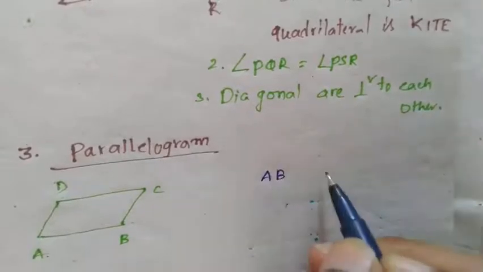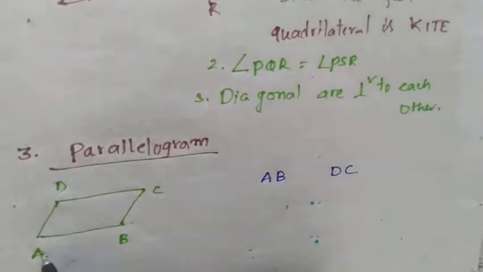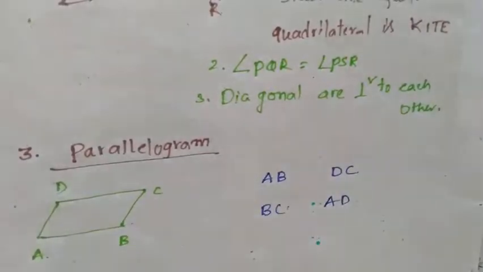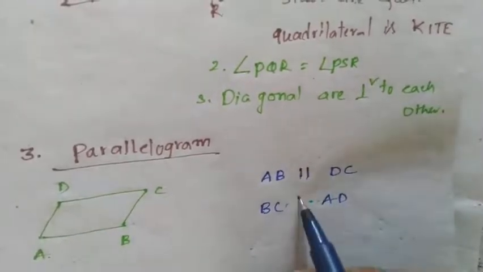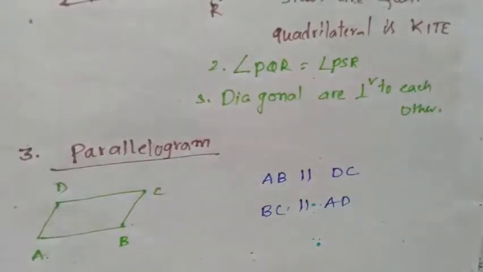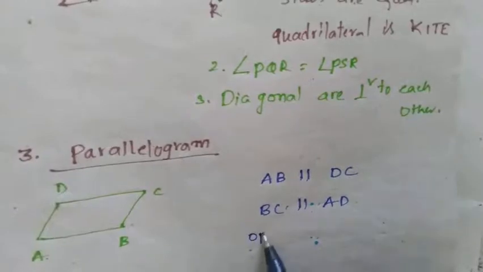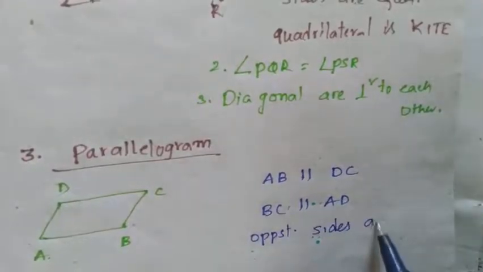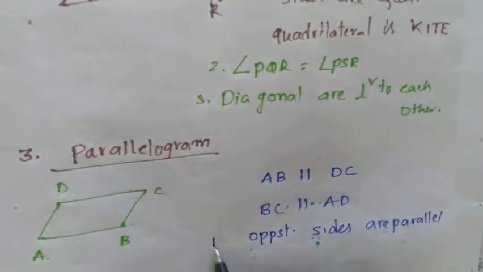AB opposite is DC, and BC is opposite to AD. So if in a given quadrilateral, both pair of opposite sides are parallel. Okay, so opposite sides are parallel. This is the first property.